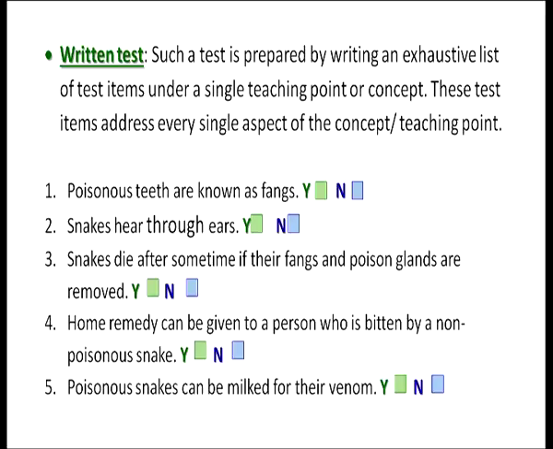The third one is: snakes die after some time if their fangs and poison glands are removed. If it is yes, they would mark it as yes. If it's no, they would mark it as no. The fourth: home remedy can be given to a person who is bitten by a non-poisonous snake.